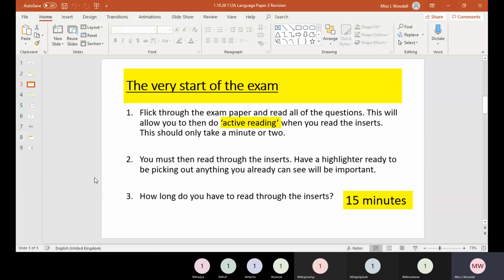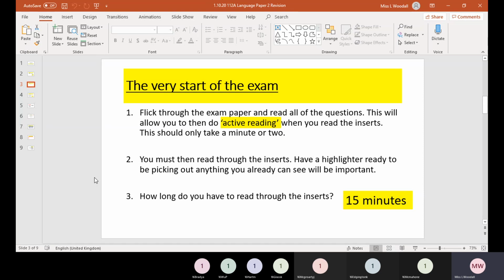Please make a note of this. Flick through the exam paper first and read all of the questions. This will allow you to do something that we call active reading when you read the insert afterwards, and it will only take you a minute or two.